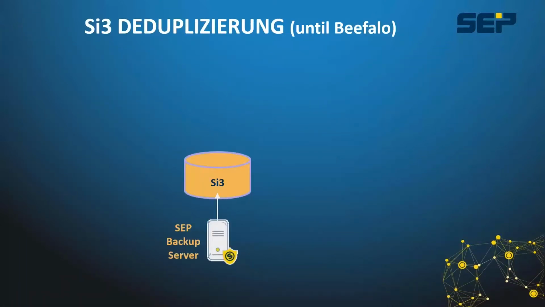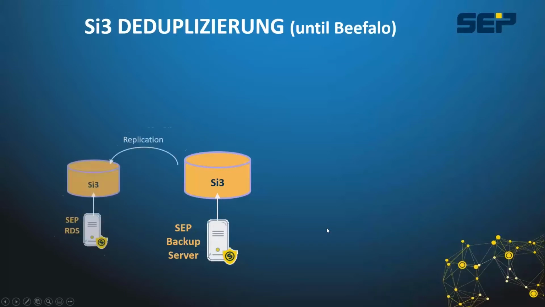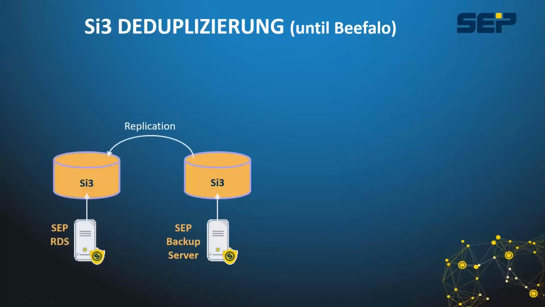So now let's talk about the deduplication. As you might know, until Beefalo, we had the SI3 deduplication, just one backup server and an SI3 deduplication storage. Then it was possible to replicate the data to another SI3 deduplication storage, which might be attached to an RDS somewhere in another location.